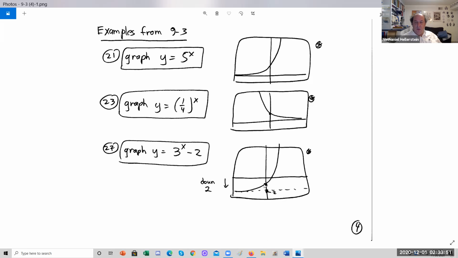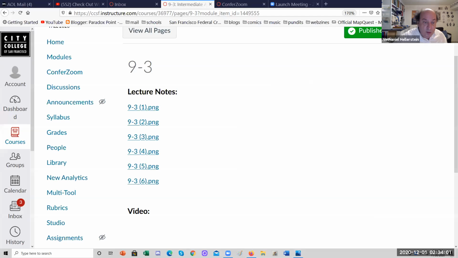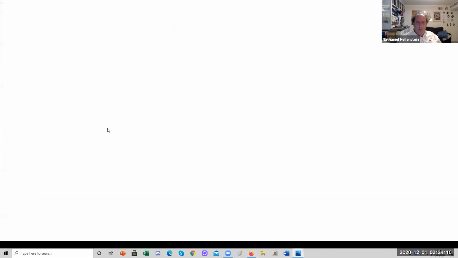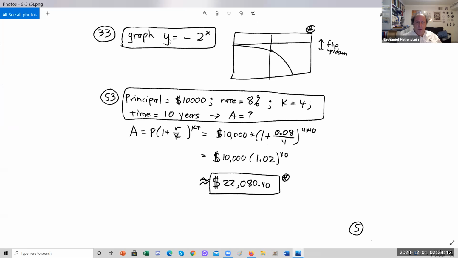At 0, it's at 3 minus 2, which is 1. So it starts at negative 2, goes through 1 and negative 1, then zips off to positive infinity. Graph of negative 2 to the x, it's the 2 to the x graph flipped up or down.